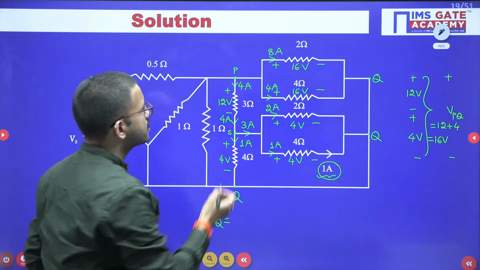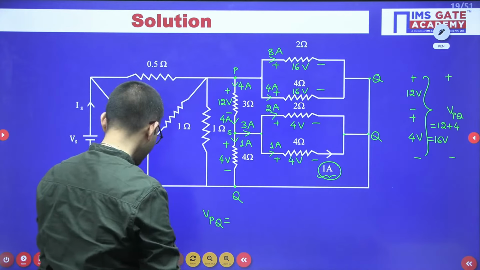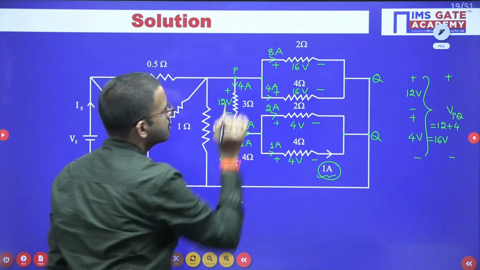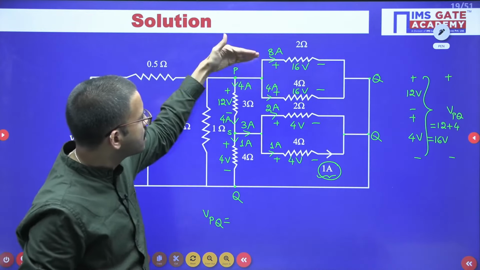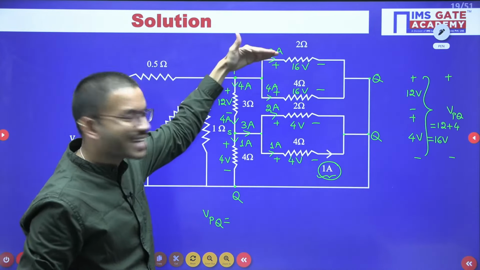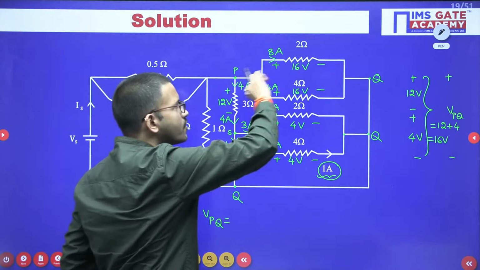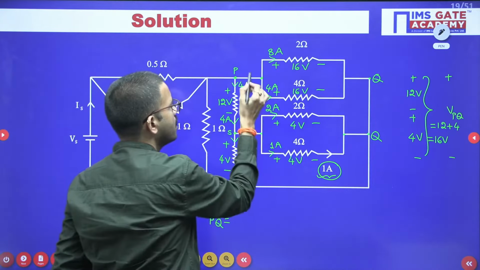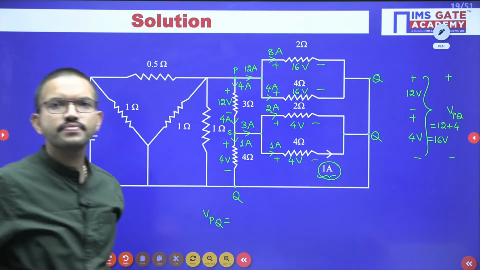Now with this understanding, if you consider this node, from this node you have 2 branches, and in both the branches current is leaving. 8 ampere, 4 ampere. Together 12 ampere is leaving from this particular node. That means here 12 ampere should enter this node.